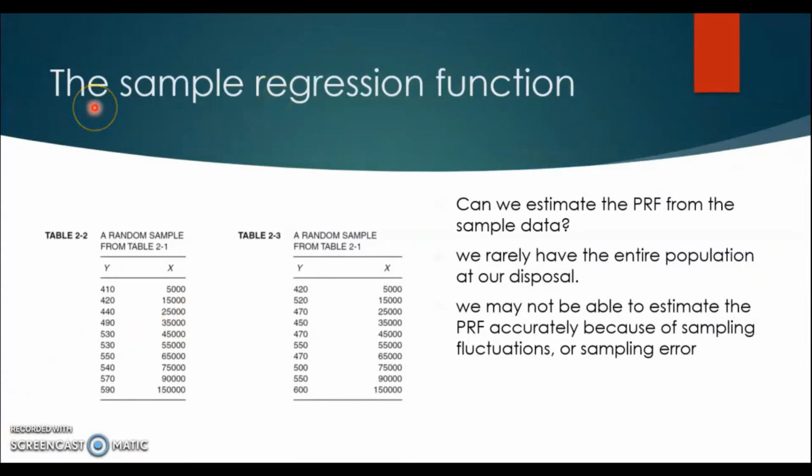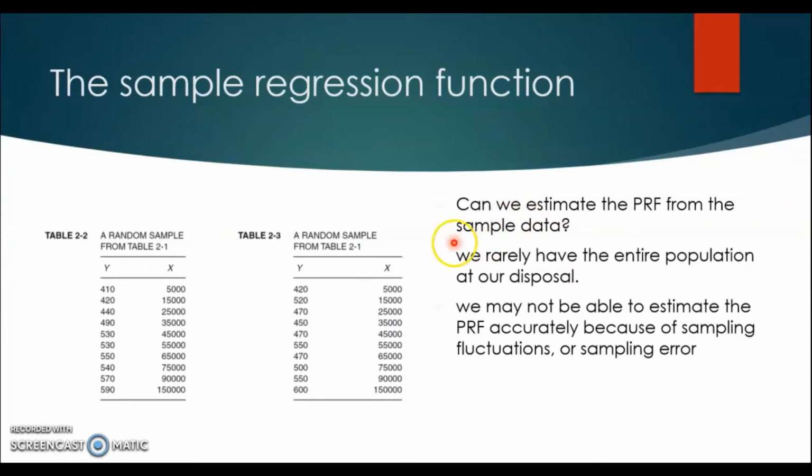Let us move to the sample regression function. In reality, it is very difficult to observe or collect the data from the population entirely. So in that situation, we may have to refer to the sample data.